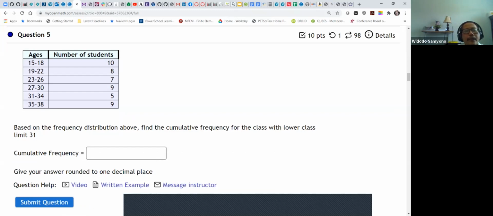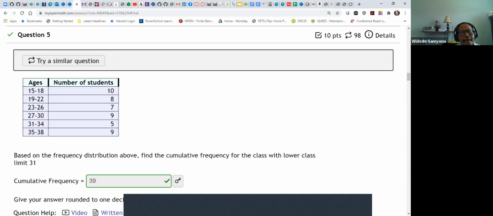So 10 plus 8 is 18, 18 plus 7 is 25, 25 plus 9 will be 34, and 34 plus 5 gets 39. So the answer here will be 39. I said that before, like 22, but I typed 23, so just my mistake.